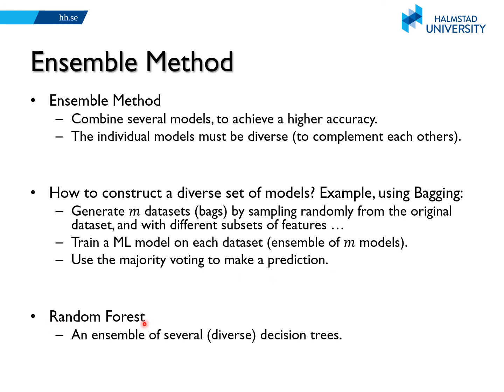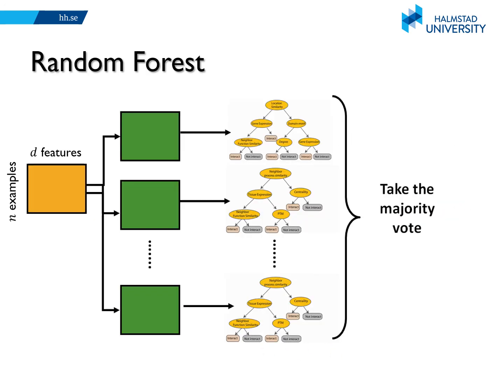Now, what is a random forest? It's just an ensemble of several diverse decision trees. So the members of our ensemble consist of decision trees. And to build those decision trees, we use bagging, as we said. So here you have your original data set, which has n examples, n data points, and they are described by D features.